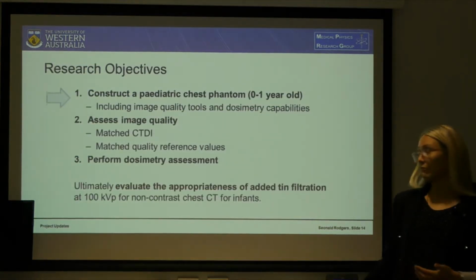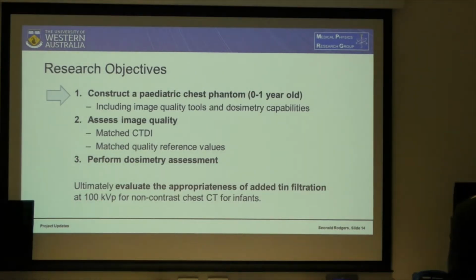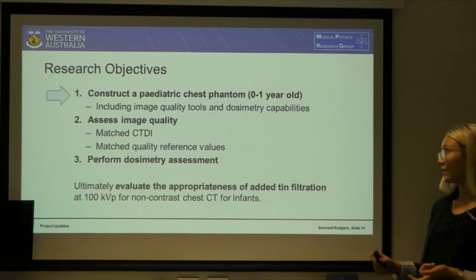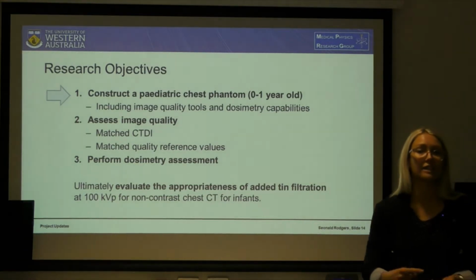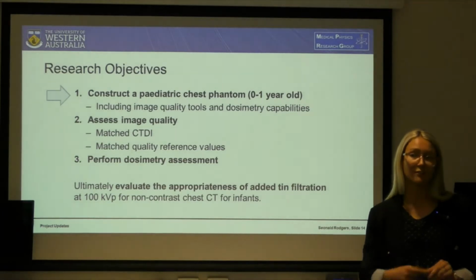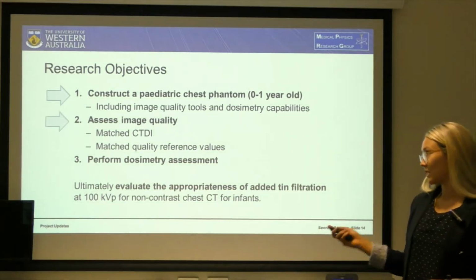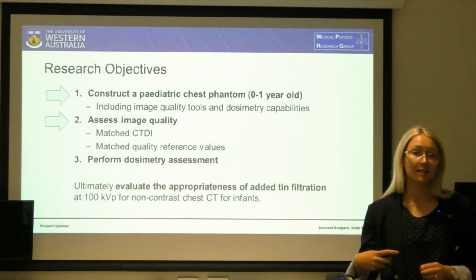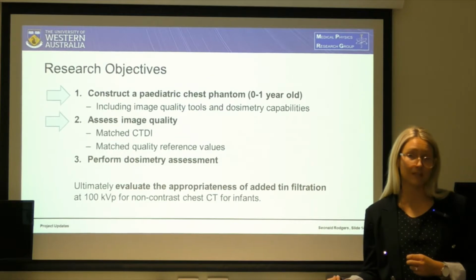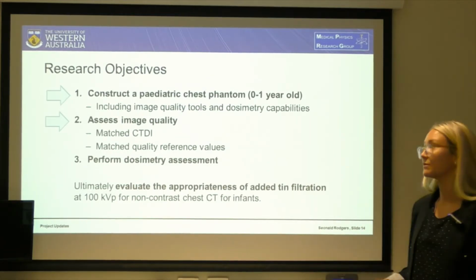I had 3 research objectives. The first was to create a paediatric chest phantom that would approximate the attenuation and scattering conditions in a very small child between 0 to 1 years old. My second objective was to use the phantom to perform image quality assessments, assessing the paediatric CT protocols with and without the tin filtration.